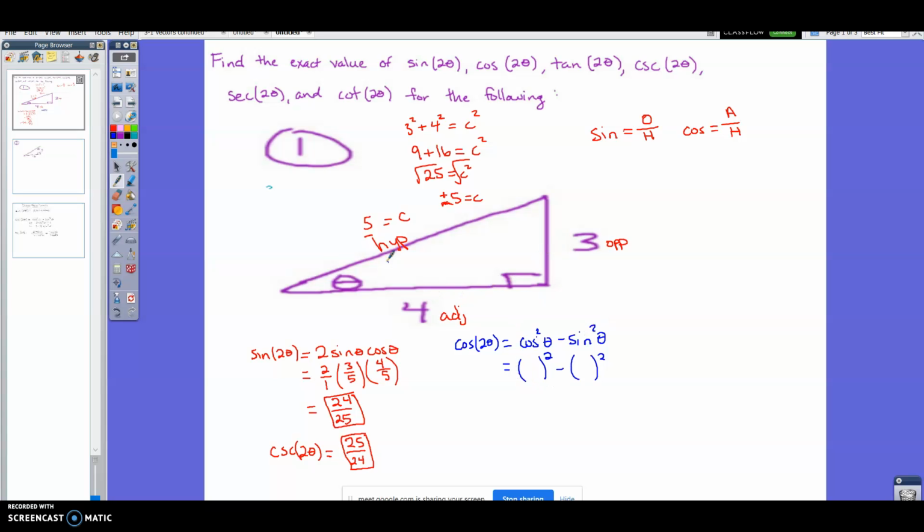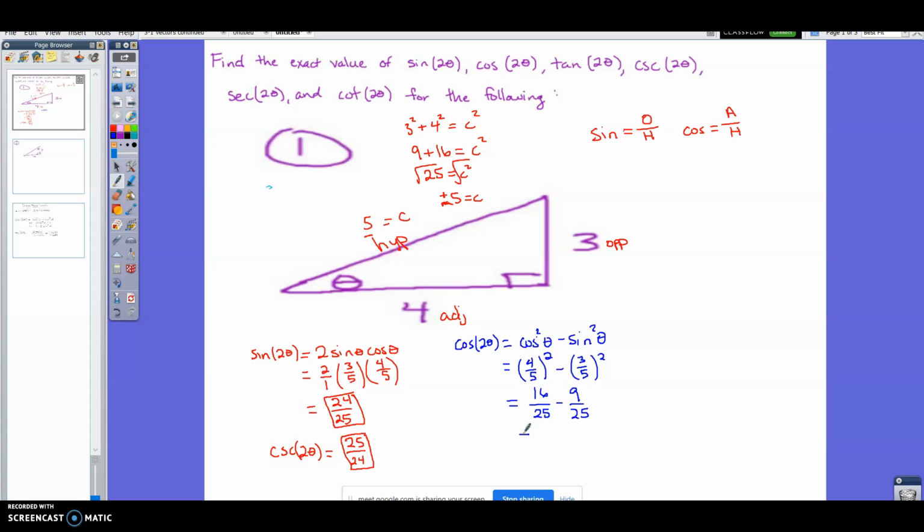So cosine is the adjacent over the hypotenuse, and sine is the opposite over the hypotenuse. When we square fractions, we square the numerator and the denominator because the exponent gets distributed out. 4 squared is 16, 5 squared is 25, 3 squared is 9, 5 squared is 25.